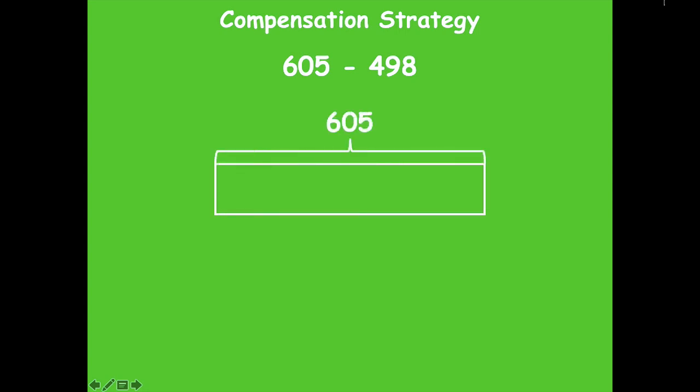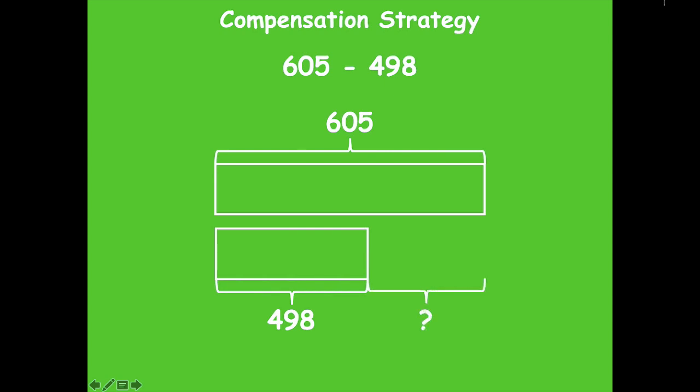Now, maybe some of you used the compensation strategy for this one. This is a little bit trickier of a way to use this strategy, but still pretty cool. So I'm going to draw my tape diagram here, my model. 605, 498, and then my unknown part. Now, I want to be able to find numbers where I don't have to unbundle or decompose anything. So then I would subtract 6 for this one. So you have to do the same to the top and the bottom.